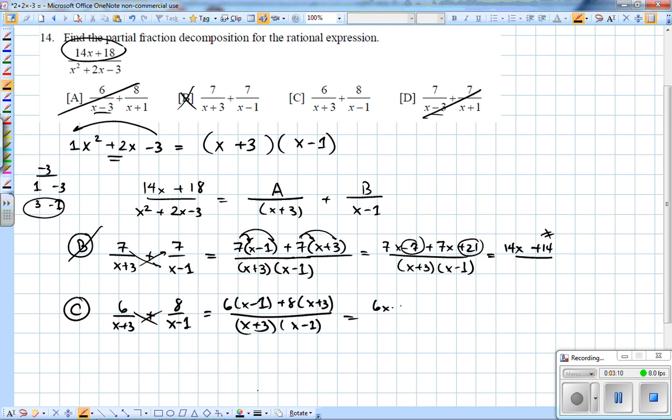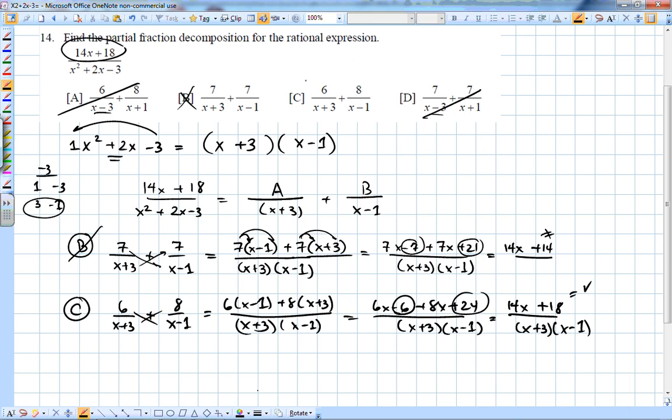Simplifying this, I get 6x minus 6 plus 8x plus 24. Leave the denominator as it is. Simplifying this, I get 14x, negative 6, and positive 24 give me that positive 18. And this is the given numerator of the original rational expression. I know that my answer should be letter C.